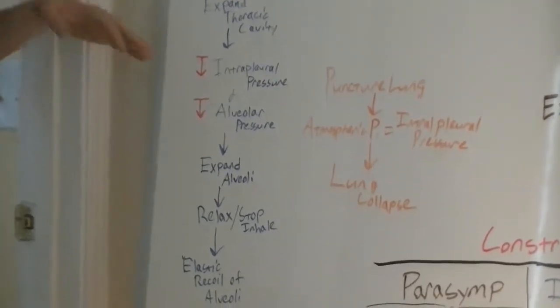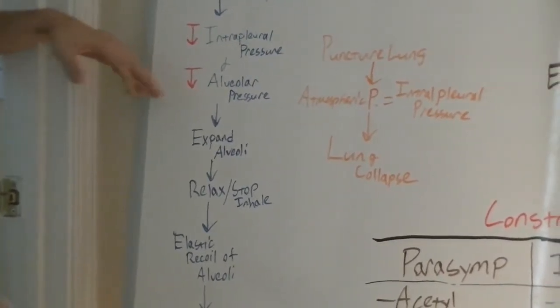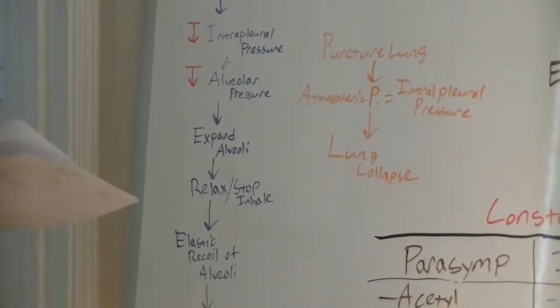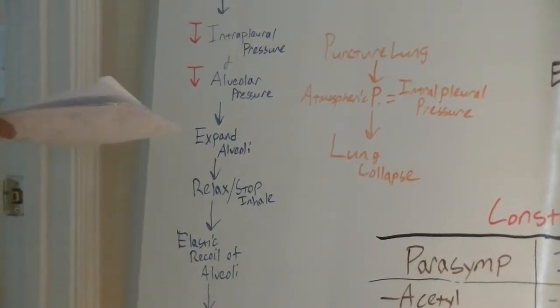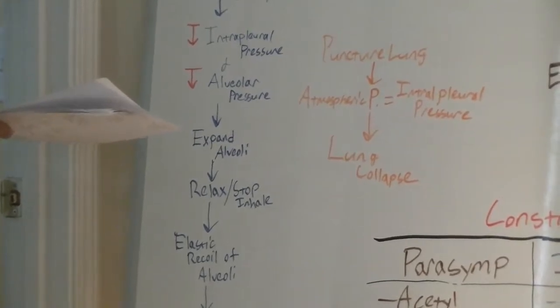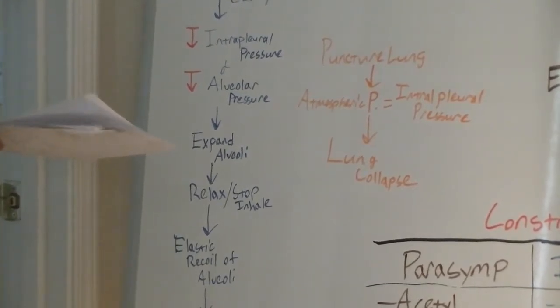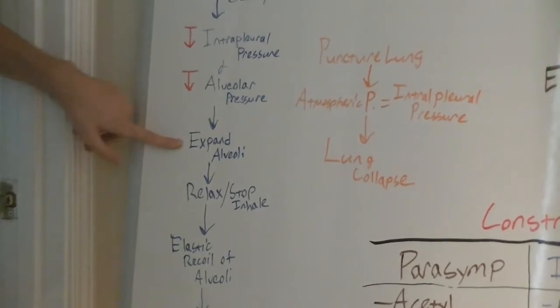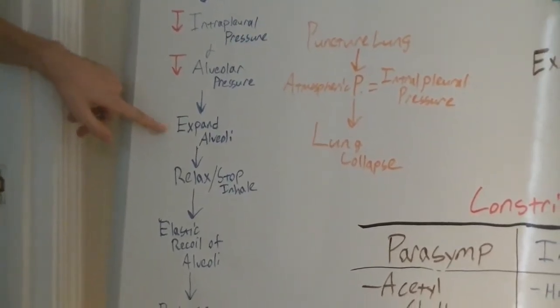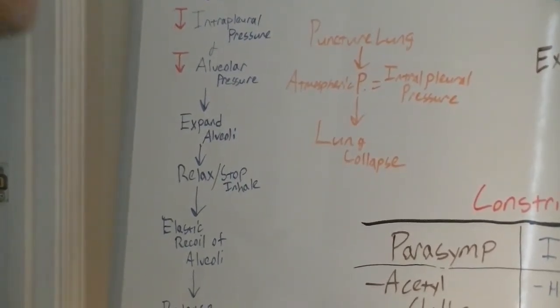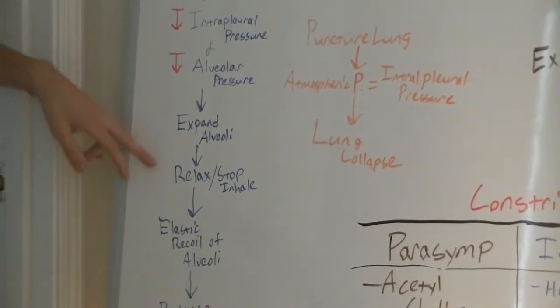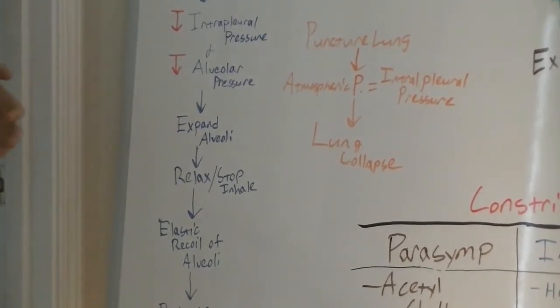You get a decrease in alveolar pressure as well. With this decrease in alveolar pressure, you're going to have a higher atmospheric pressure and a lower alveolar pressure, and things always go from high to low. So the air is going to go into the alveoli and expand the alveoli. And then you're going to reach a point where you can't take it anymore, and you're going to relax or basically stop inhaling.